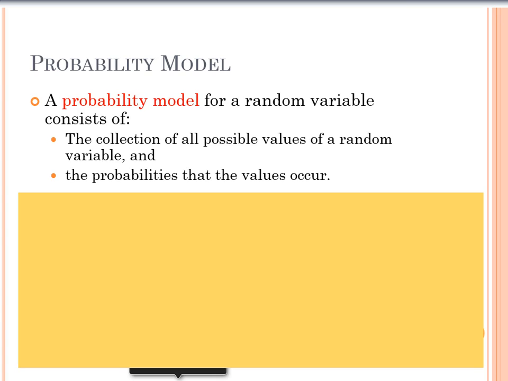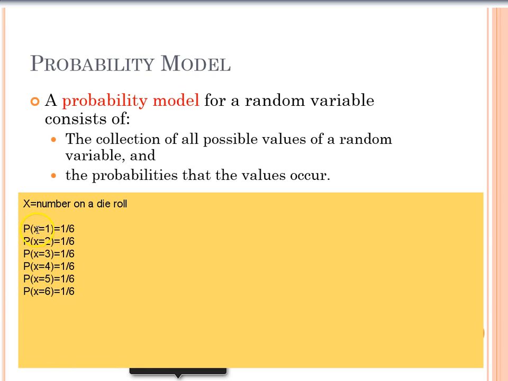Now, once we have our random variable defined, we can generate a probability model, and a probability model is the collection of all possible values from a random variable and the probabilities that are associated with it. So an example of a probability model here is the die roll. Capital X denotes our random variable, the number on a die roll, and the lowercase x here represents each particular outcome.